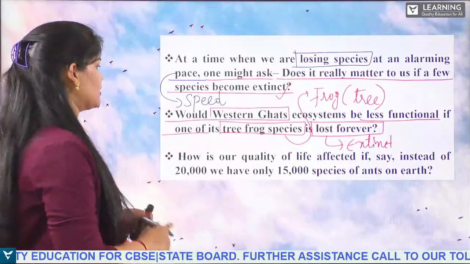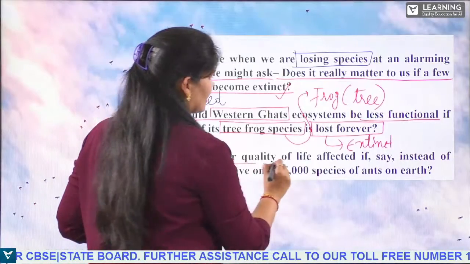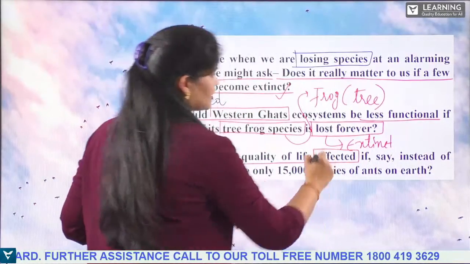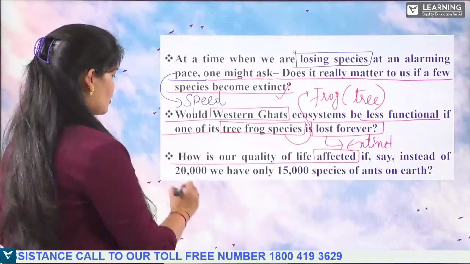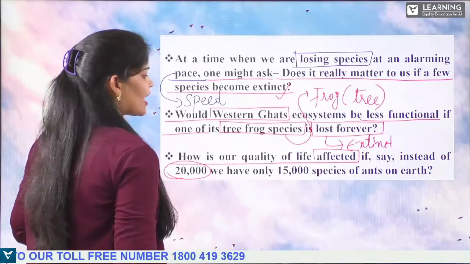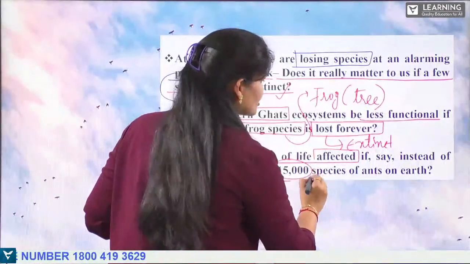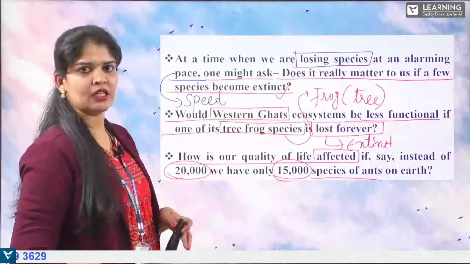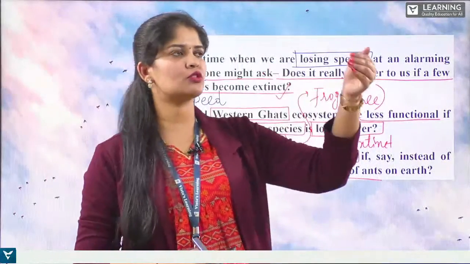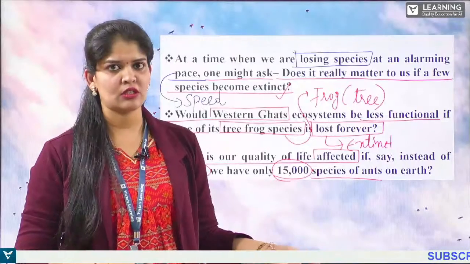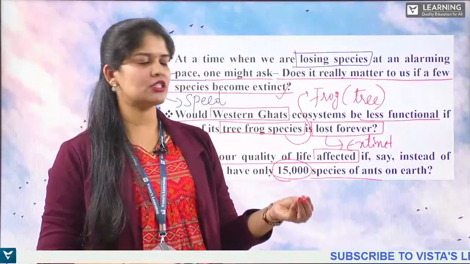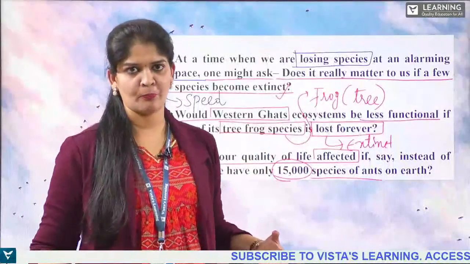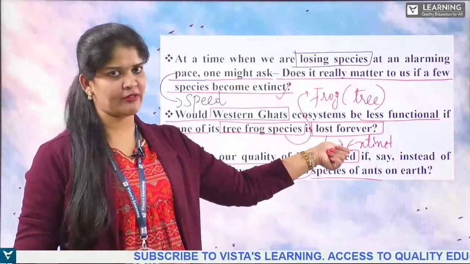And how is our quality of life affected if, say, instead of 20,000 we have only 15,000 species of ants? We have ants, right? But there is a decrease in the number. From 20,000 it dropped down to 15,000. That means 5,000 species of ants have been lost forever on this earth.